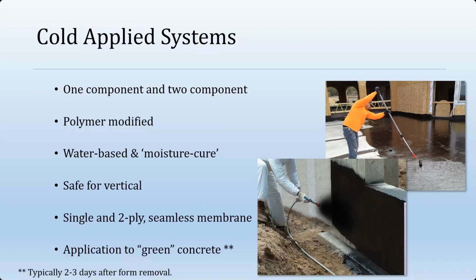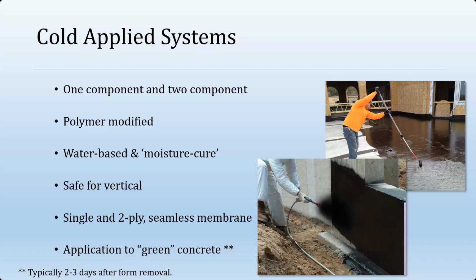These are, again, polymer modified, usually a modified urethane type material, and referred to as moisture cure. The term moisture cure simply suggests that these membranes actually benefit from a little bit of atmospheric moisture. One of their big benefits compared to the hot system is that they can be applied to green concrete, usually no sooner than about 3 days after removal of forms, which we can't really say about the hot fluid applied, but we are limited to 32 degrees and rising.